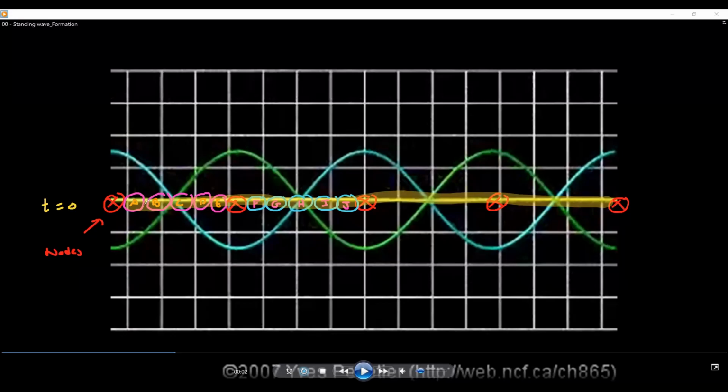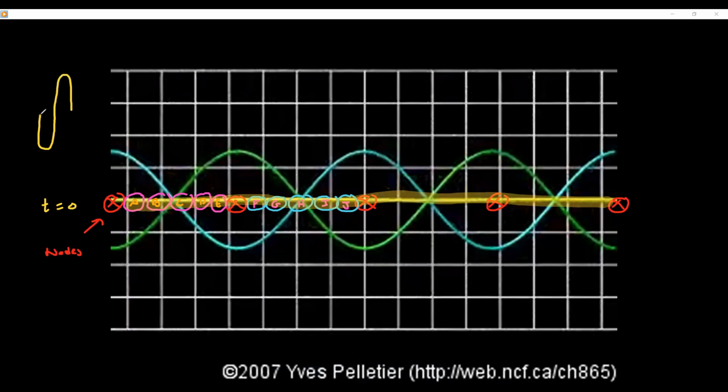Now, you focus your attention on the first 5 particles, A, B, C, D, and E. Notice what happens to these particles when I let the video play. The thing that I just want you to see is that each of these individual particles will actually start to move downwards before going back up to the equilibrium and then continuing upwards to a new amplitude position before coming back down.